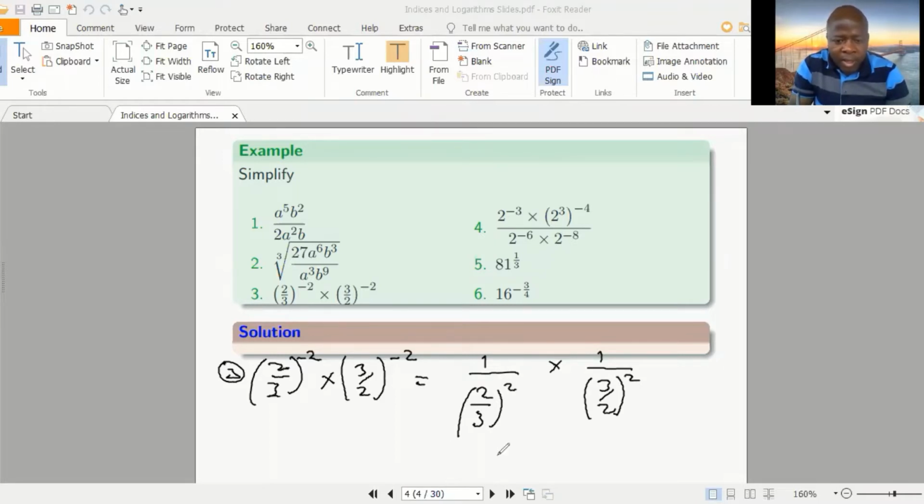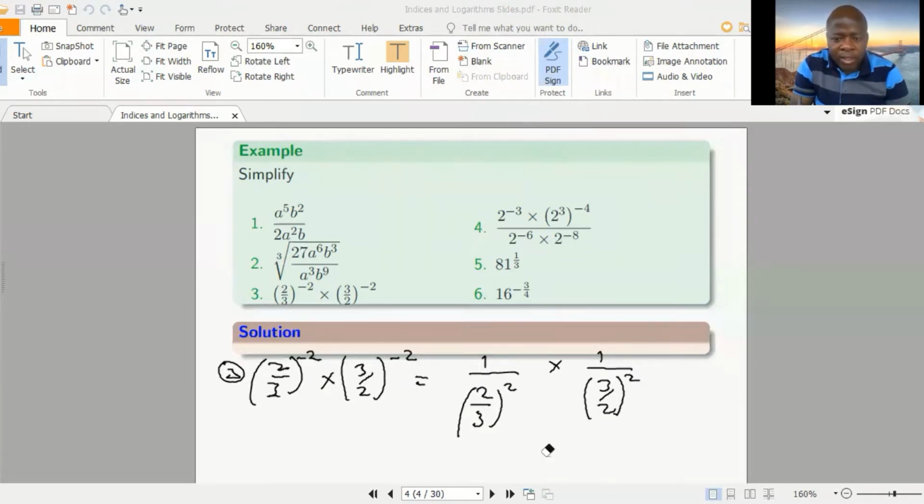Now, one thing that I want you again to know is that if I have 2 out of 3 and then square it, it's the same as squaring each of these numbers. I'll get 4 out of 9. And if I have 3 out of 2 and square it, I'll get 9 out of 4. So that is very important.